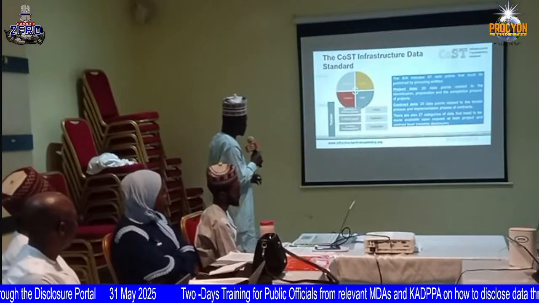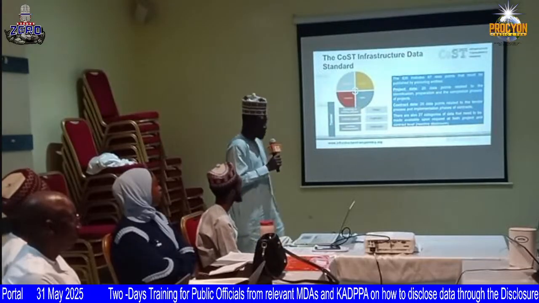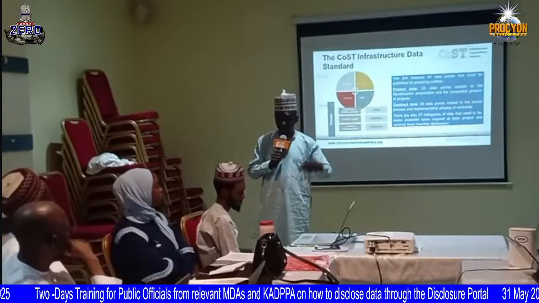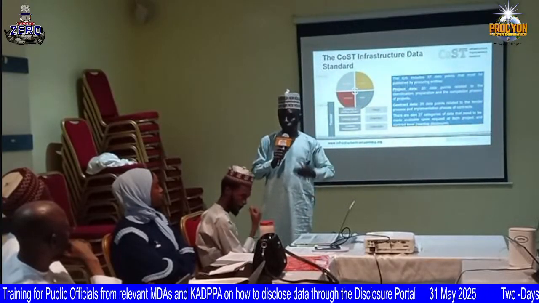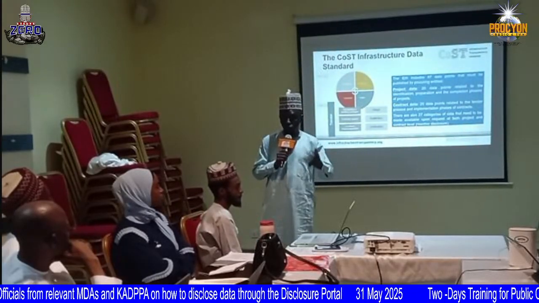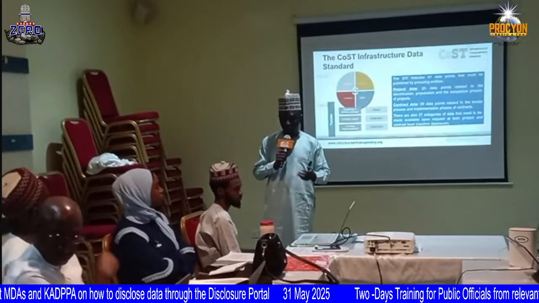Then we also have an additional 27 data points that are actually reactive disclosure. The MDA can decide to also publish those reactive 27 data points, even without a request, but it is also mandatory for them to disclose that information whenever any person, any stakeholder, requests that information.